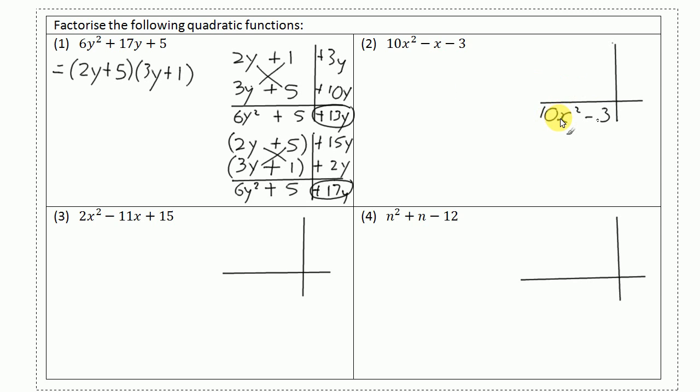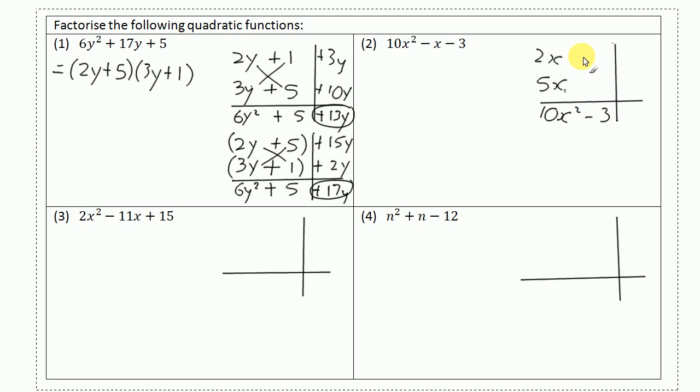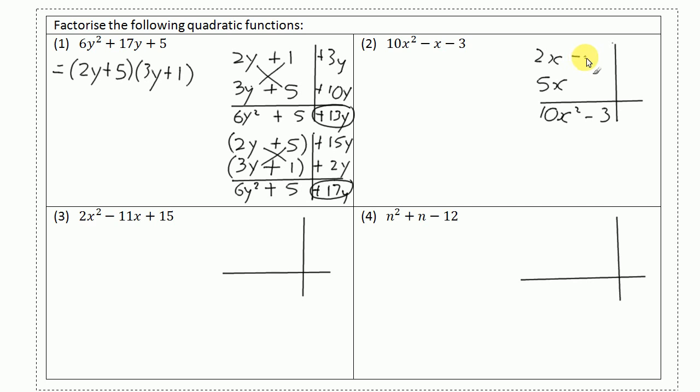Now how do I get 10x squared? I can get it by multiplying 2x and 5x. To get negative 3, I can multiply positive 1 by negative 3.